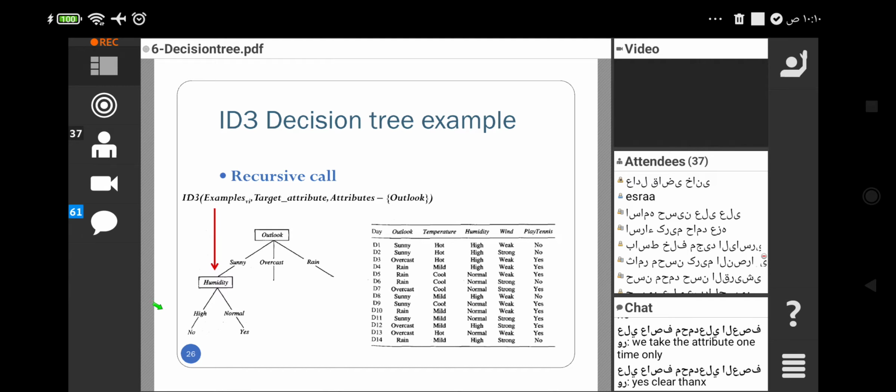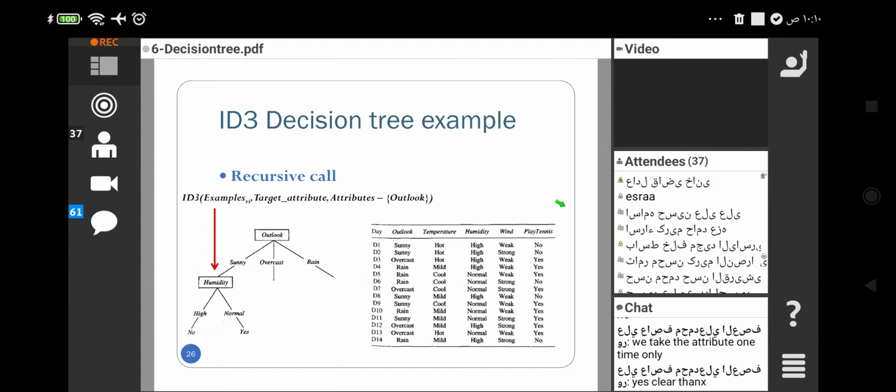When we come here and we want to grow the tree, again we are checking the first conditions. The first condition says, are all of the data positive? We check in the data where the outlook is sunny and the humidity is high. The first ones, D1 and D2, are like this: outlook sunny, humidity high.